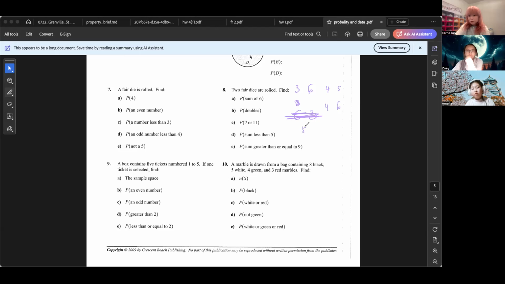And we have 5, 4, 5, 5, and 5, 6, correct? And we have 6, 3, 6, 4, 6, 5, and 6, 6. So altogether they have 1, 2, 3, 4, 5, 6, 7, 8, 9, 10. So there are altogether 10 different options. Correct, Zoe? So it's 10 out of 36.